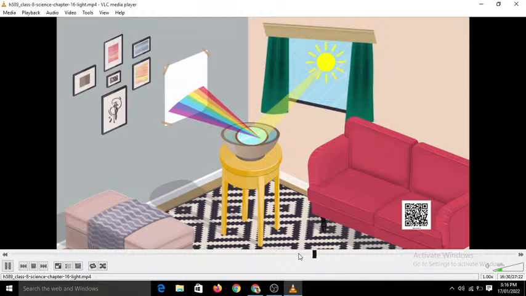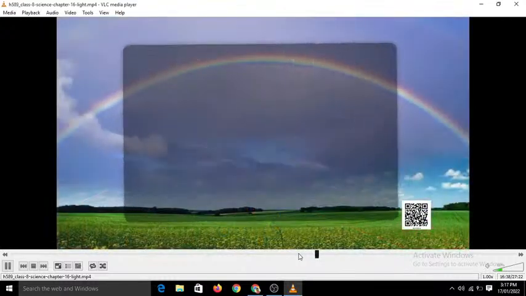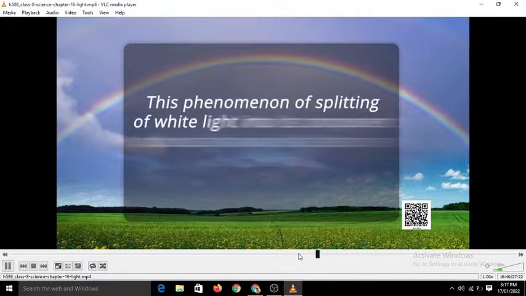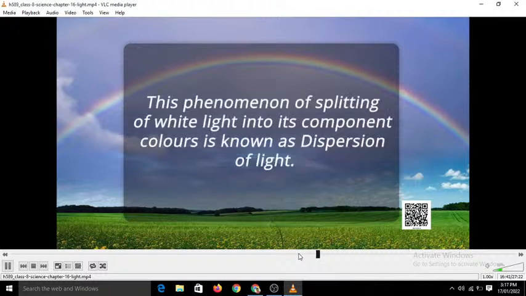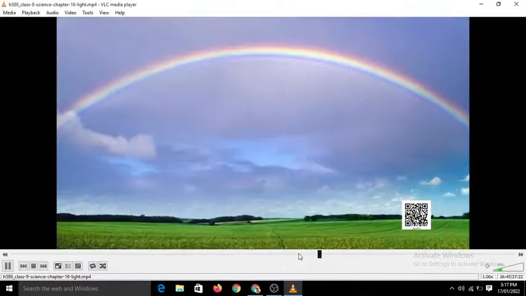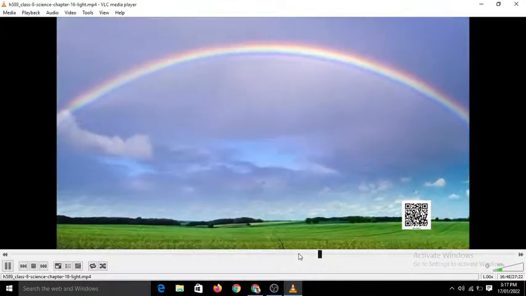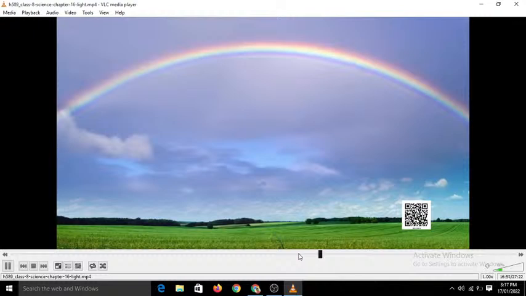You can see different colors in reflected light. This phenomenon of splitting of white light into its component colors is called dispersion of light. So children, rainbow is a natural event which shows dispersion of light.